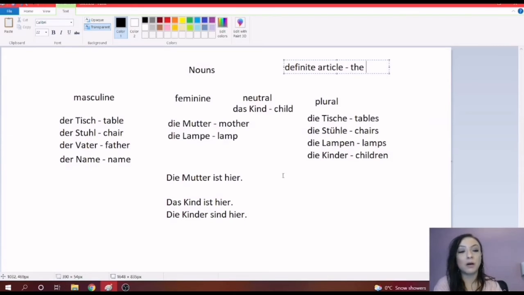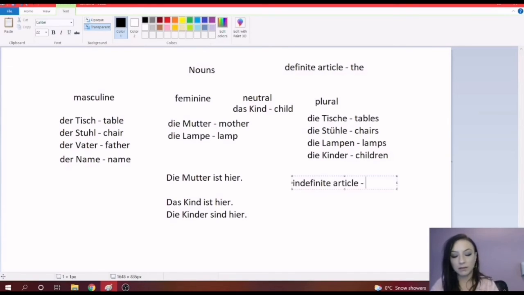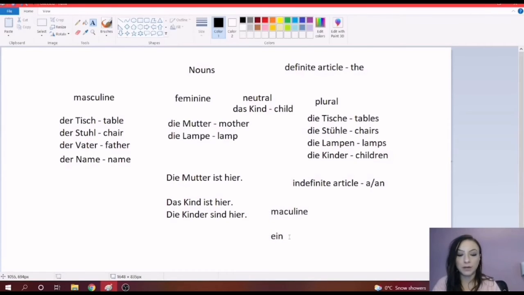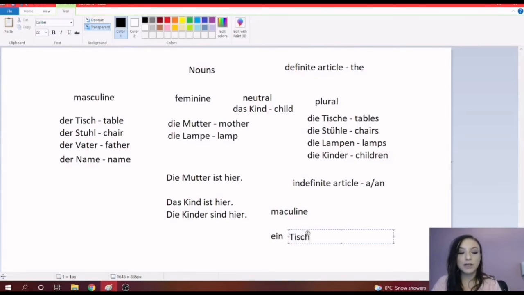I will show now the indefinite article in German, which would be the same as a or an in English. For masculine, it would be ein, for example, ein Tisch.